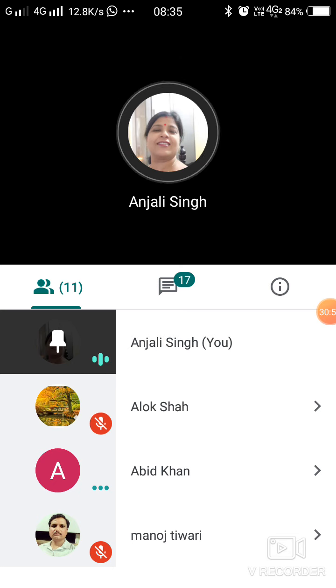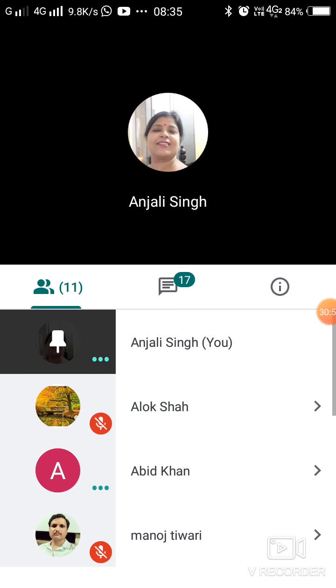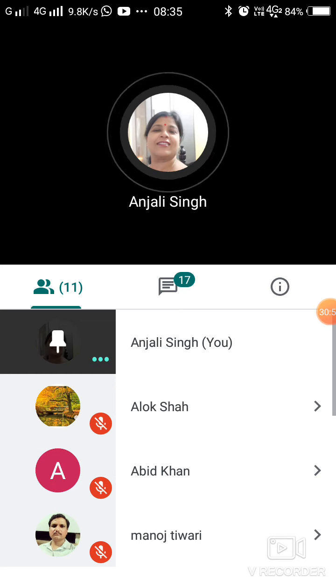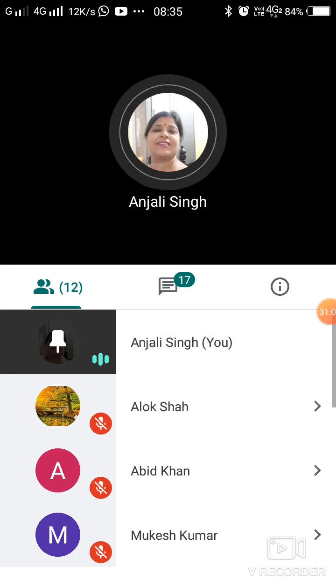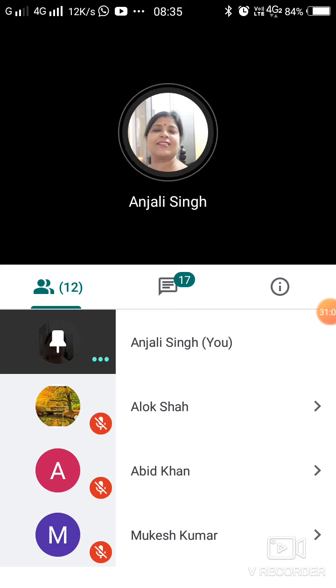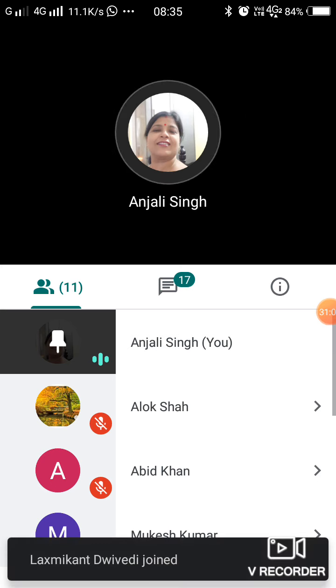Which type of change is this? Very good. Now next one, note it down. A change which takes place in a longer duration of time.